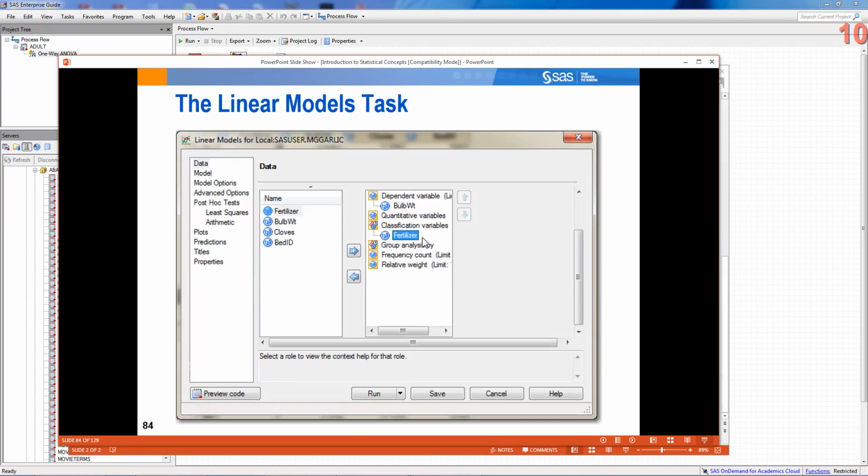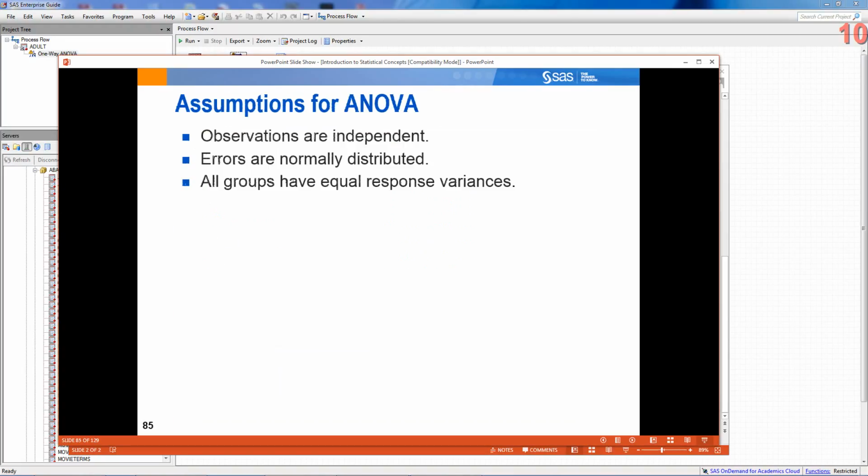Now SAS does have a good tool for doing this analysis, and once it does it, I can also study the results. The basic assumptions for ANOVA are that observations are independent. In other words, collecting data for one type of fertilizer does not affect the other type of fertilizer.